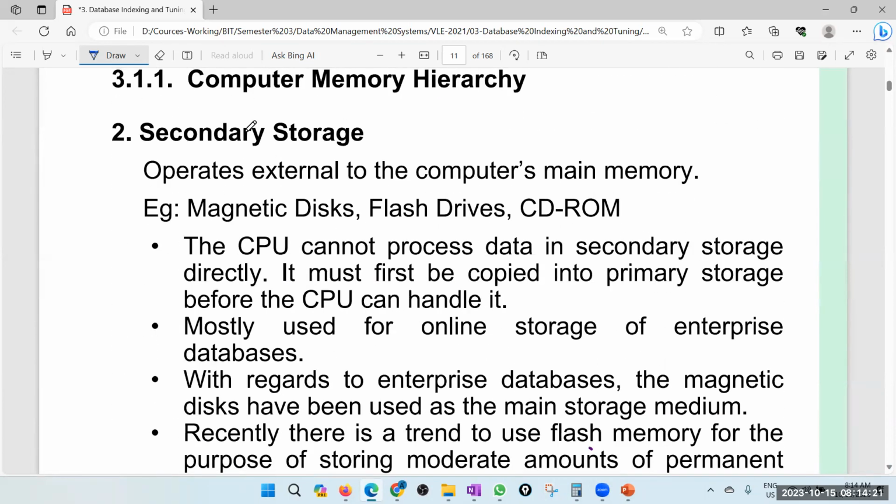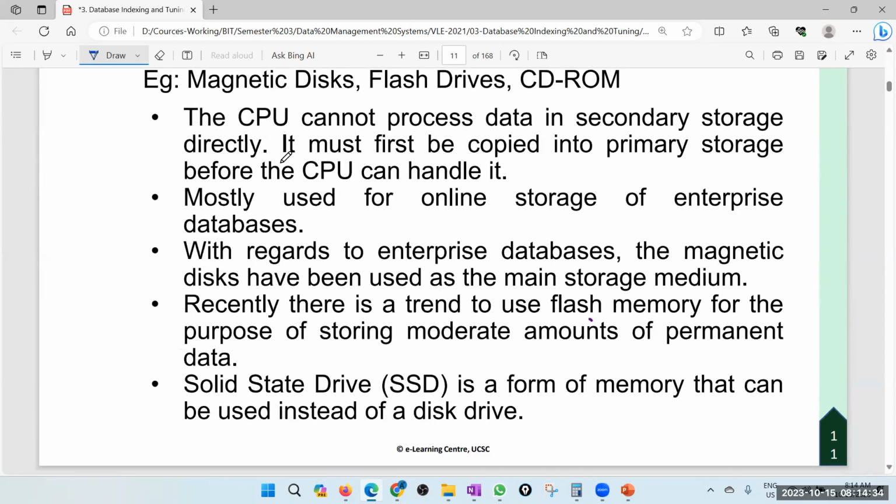So then you have the secondary storage. Mostly these days, secondary storage is SSD, but still some people use the magnetic disk as well.